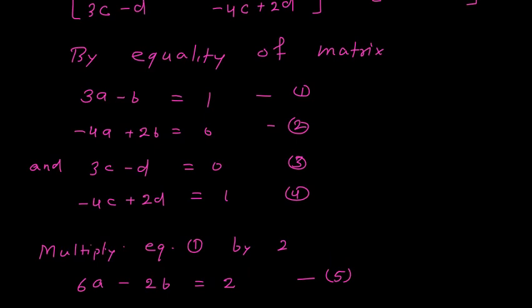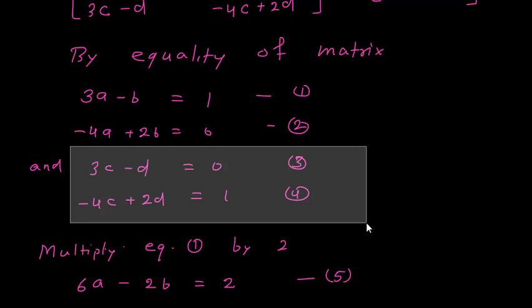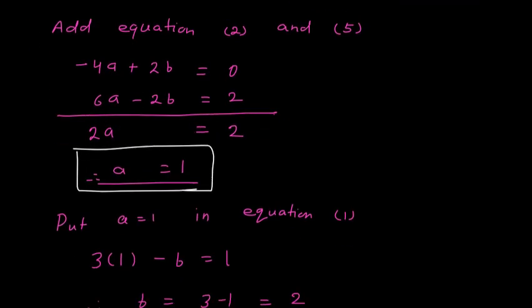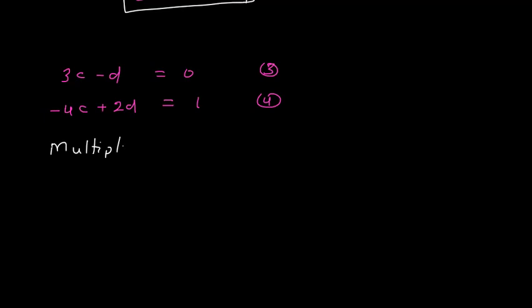For that, we simplify equations 3 and 4. Let us write equations 3 and 4 somewhere here so that it will be easy for us to solve. Now we multiply equation 3 by 2. Here we get 6c minus 2d equal to 0.